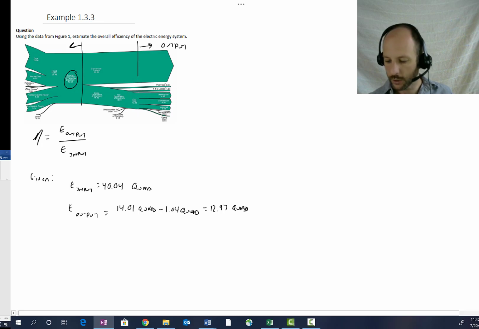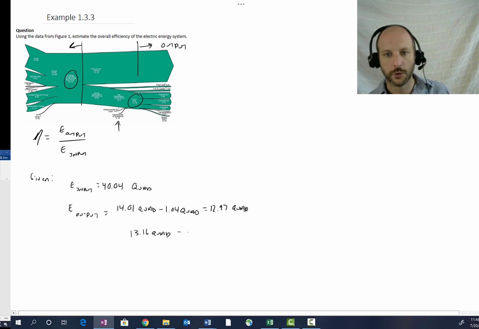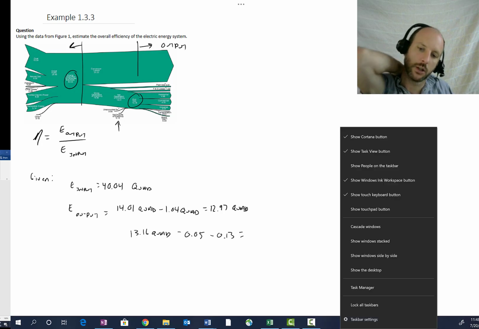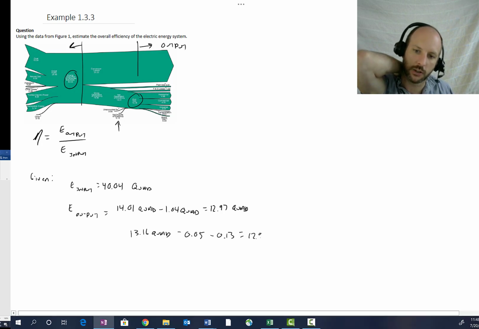There's another way we could have handled that. You can see that there is a little circle here called end use. It's 13.16 quad, but the problem is that also includes some energy inputs that just didn't come from the United States, so imports, for example, and so we need to subtract off those numbers. And so if you started with the end use, you'd be including some numbers in your calculation that weren't actually part of that 40.04.